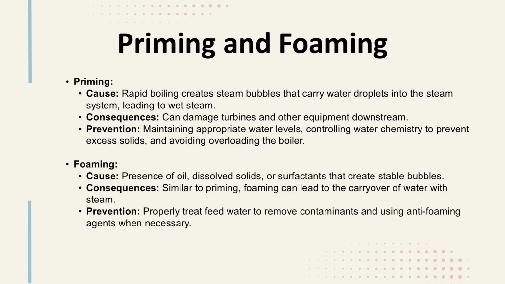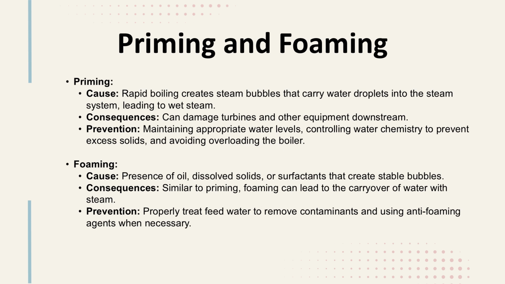Lastly, let's discuss priming and foaming, two phenomena that can cause serious operational problems in boilers. Priming occurs when steam bubbles carry water droplets into the steam system, leading to wet steam. This can damage downstream equipment like turbines.